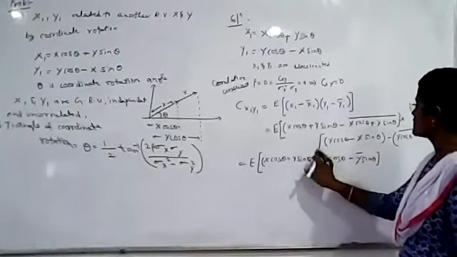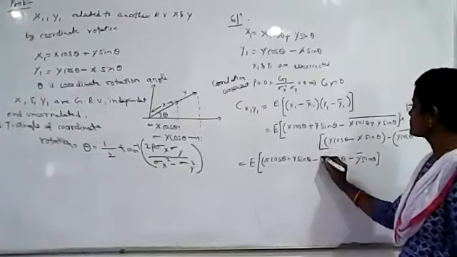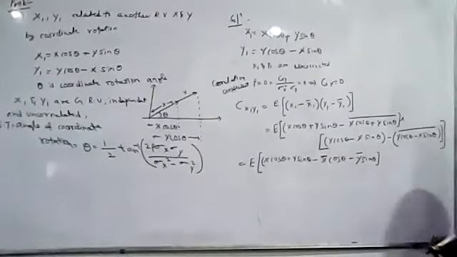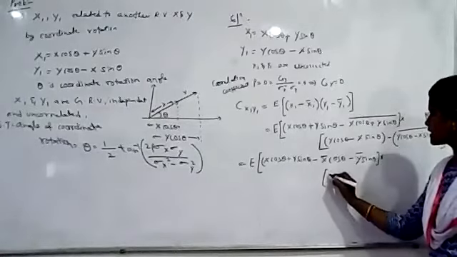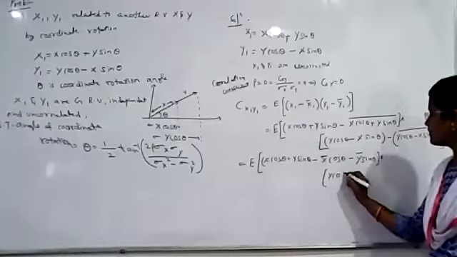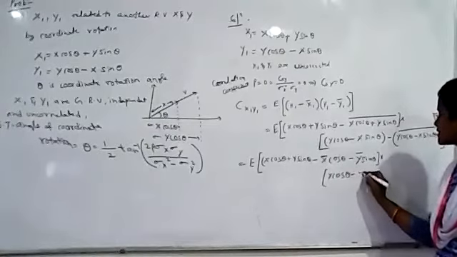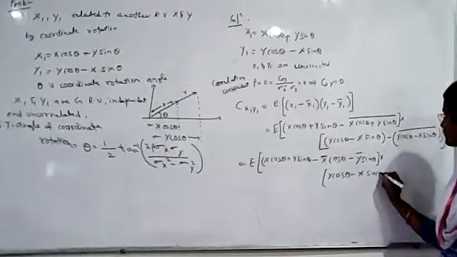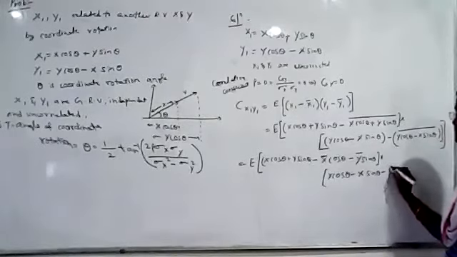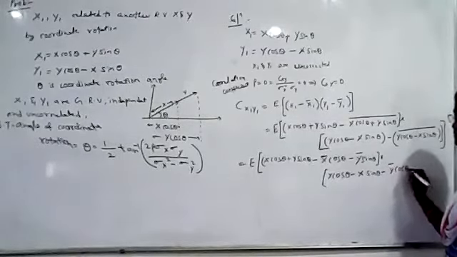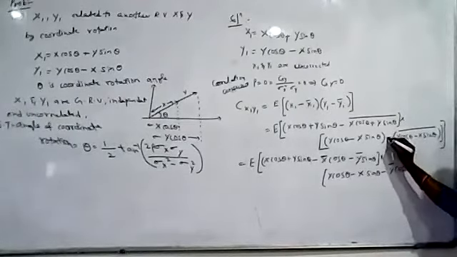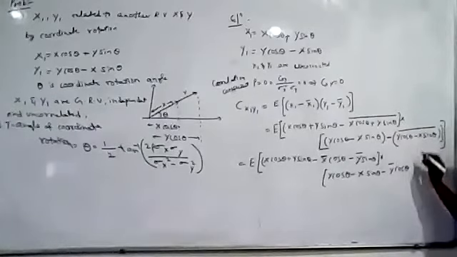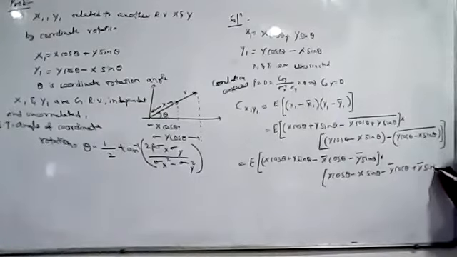Is it clear here? So it is x bar cos theta minus y bar sin theta, into this term: y cos theta minus x sin theta minus y bar cos theta. Cos theta is constant, no? For a constant, the mean value will be the same. So minus minus becomes plus x bar sin theta.